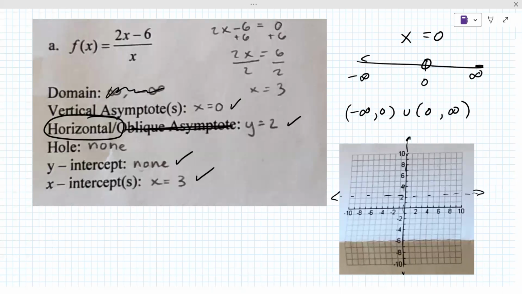And then we know that it crosses at 3 and no y-intercept. So this one's going to have this shape and then the shape like this here, which you can find by testing points. All right, we do have to stop there for today.